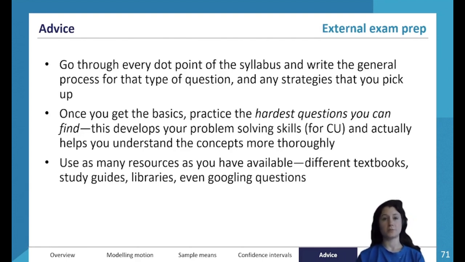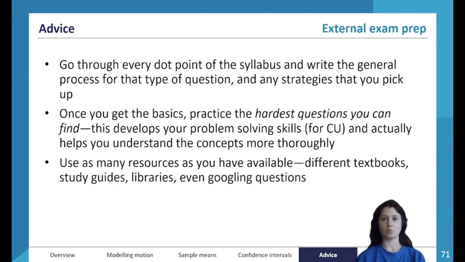So specifically for external exam prep, go through each dot point of the syllabus, write the general process for that question, and this is especially important for specialists because there's such a wide breadth of content. It can be kind of difficult to always know what you need to do. Alright? So go through each dot point and write the general process for each type of question.